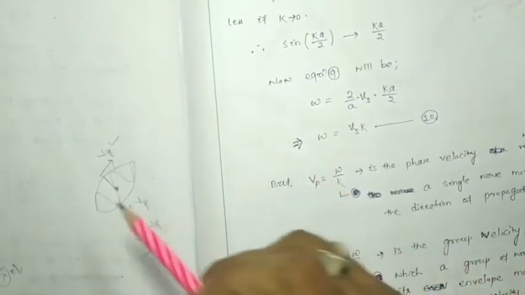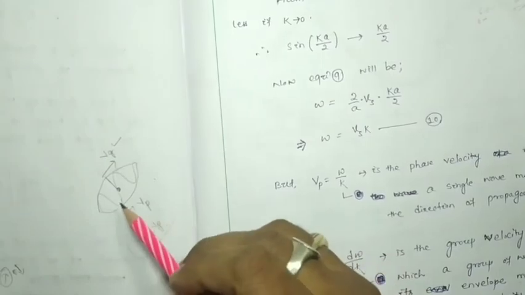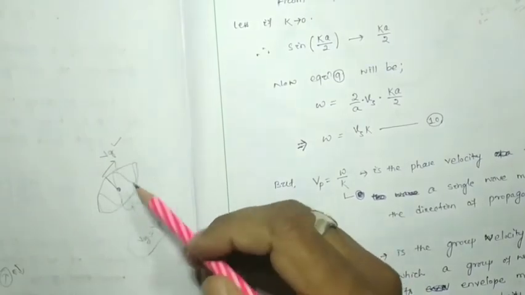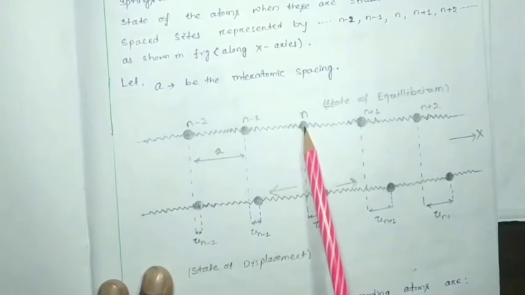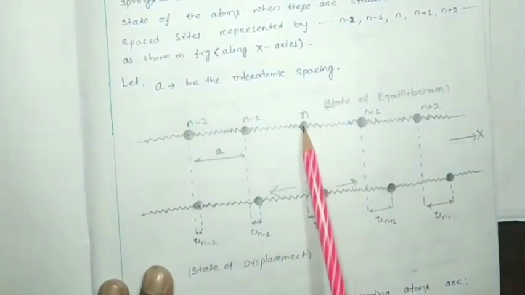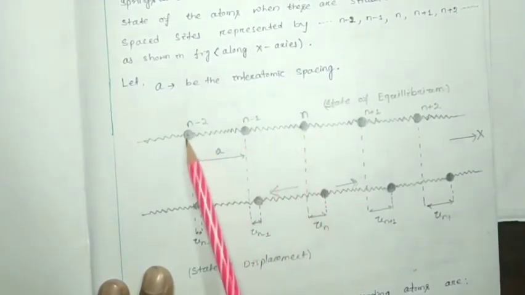So here we assume that many waves are superimposed with each other. Whenever this lattice vibrates, suppose this atom vibrates with a frequency, and this atom will vibrate with another frequency, right?